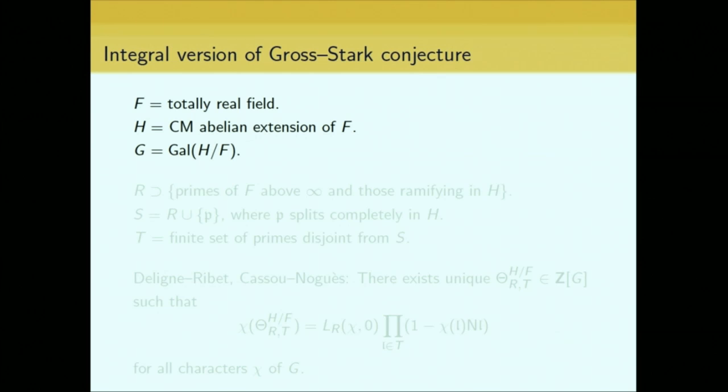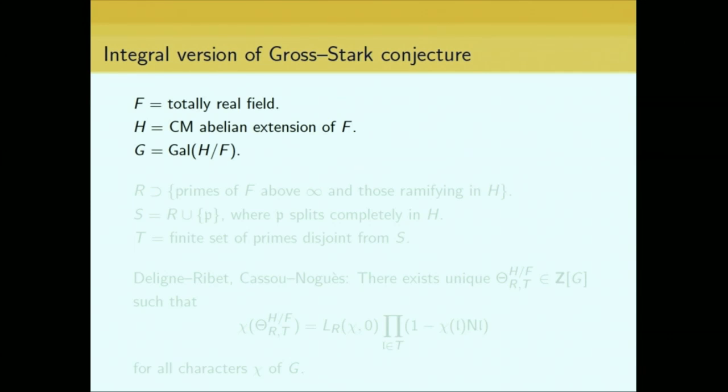Okay. So now I want to set up the integral version of Gross's conjecture. Gross's conjecture before was about the leading term of the p-adic L-function. This is a very closely related conjecture, but it doesn't use anything p-adic; it's purely classical L-functions.